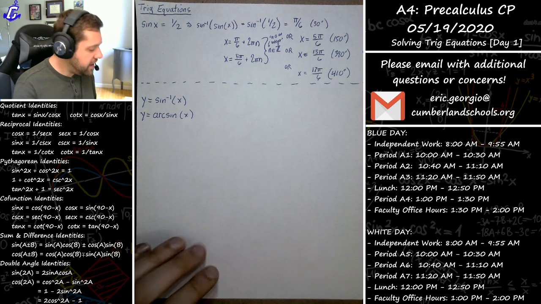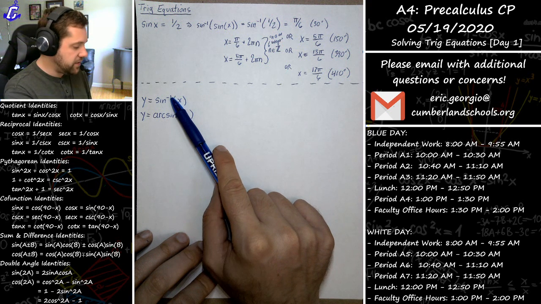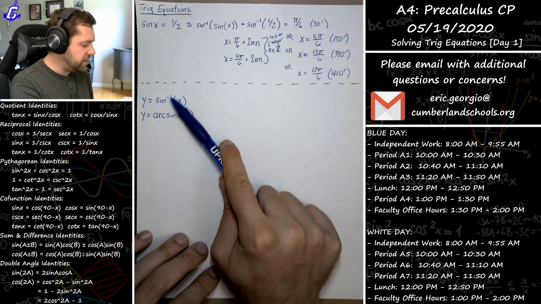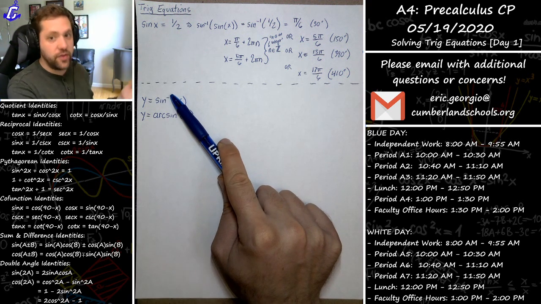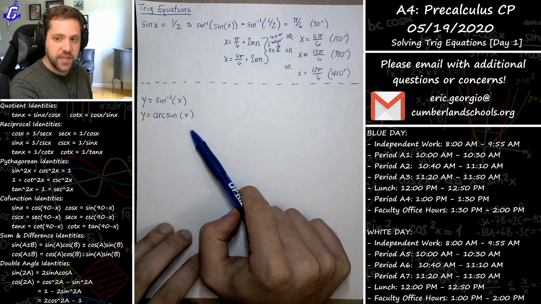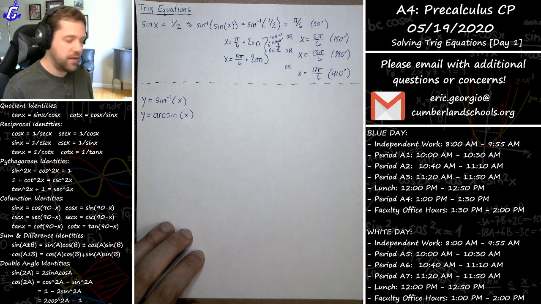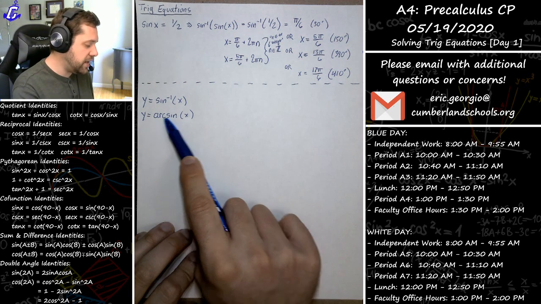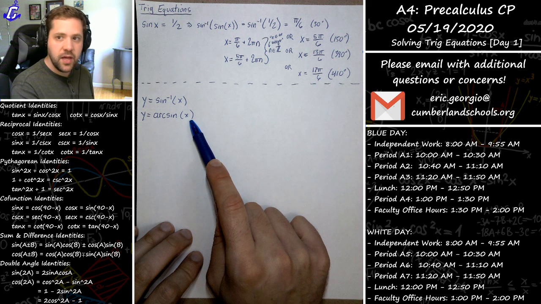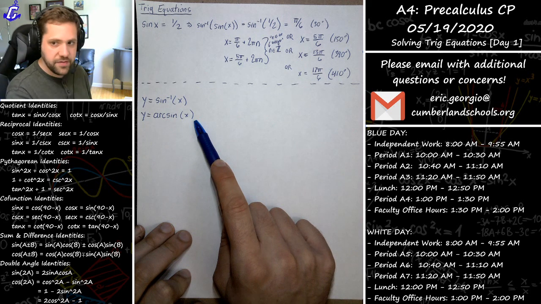And the reason why is because you'll deal with a lot of problems that involve negative exponents in calculus. So to avoid confusion with this being a negative exponent versus other negative exponents, a lot of times in calculus you'll see it written as arc sine. It's the same thing as the sine inverse. There's no difference between this and this. I just want to introduce and start using this notation because that's what you'll see in calculus. It says y equals the arc sine of x.